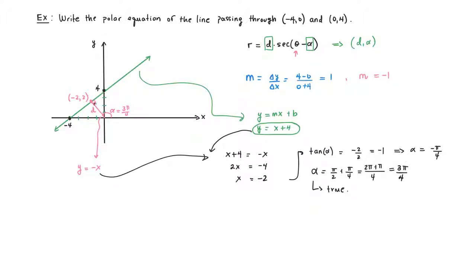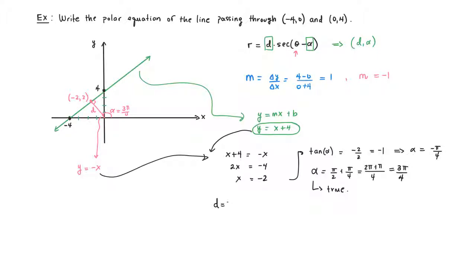Now what I need is d. I have to find this distance right here. So in order to find this distance, can we just use the distance formula? I'm hoping that you remember from your studies in algebra, and if not, you can quickly search it up, that the distance between 2 points in the Cartesian plane is given by this formula.